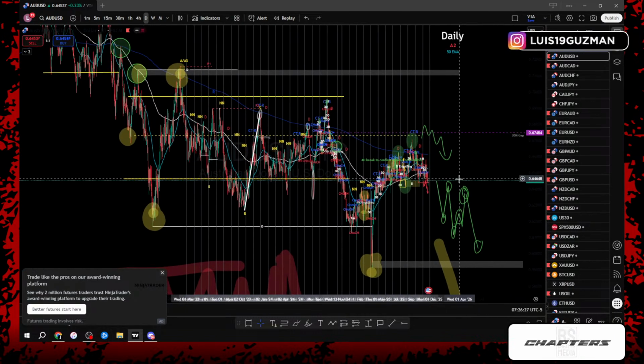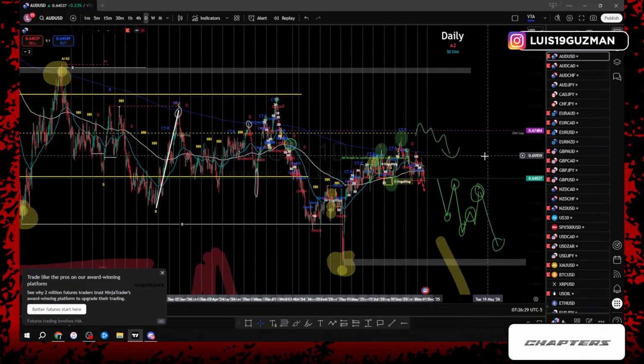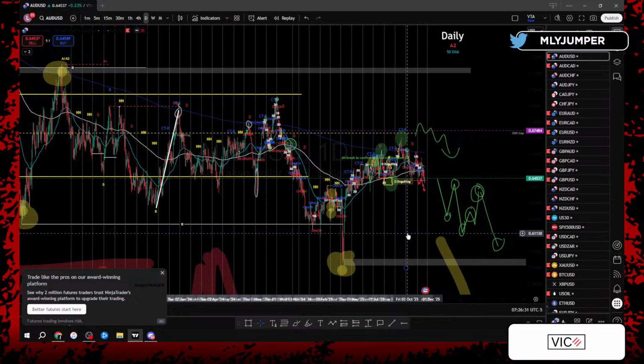So now, when you're looking for a pullback, right? When you're looking for price to go from a lower low to a lower high, a lot of traders have different methods as to where the lower high is going to be, where the pullback is going to be.